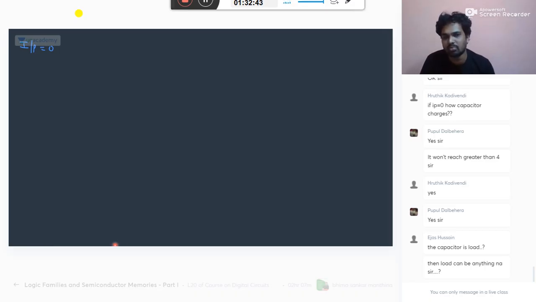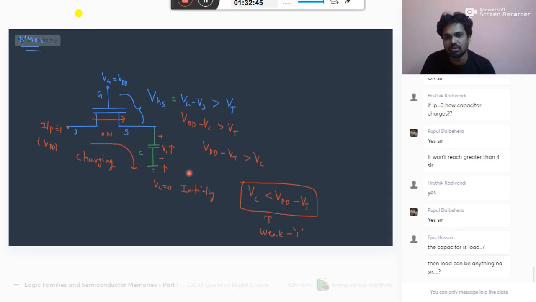Load can be anything, but output should reach the load or not. You connect anything, this should come here. Whatever it comes, this voltage cannot be beyond this. Whatever you do, Vs should be less than VDD minus VT. Vs cannot get VDD.